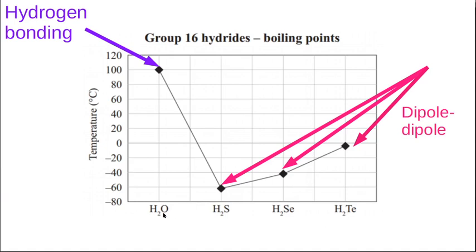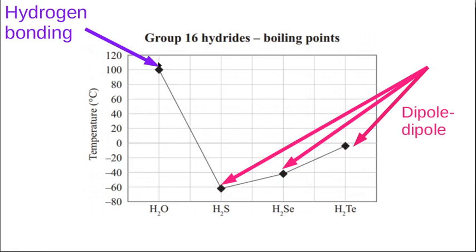So how come you would expect the heavy one to have a high boiling point, slightly lighter, lower boiling point, hydrogen sulfide even smaller, lower boiling point, and then all of a sudden water, which is actually lighter than hydrogen sulfide because oxygen weighs less than sulfur, has suddenly got a massive boiling point, even higher than the heaviest one in this group.